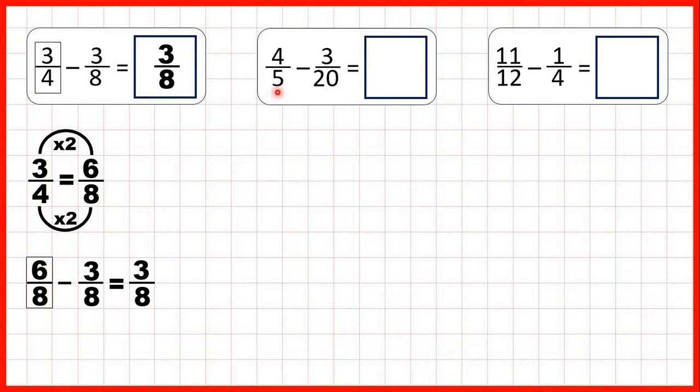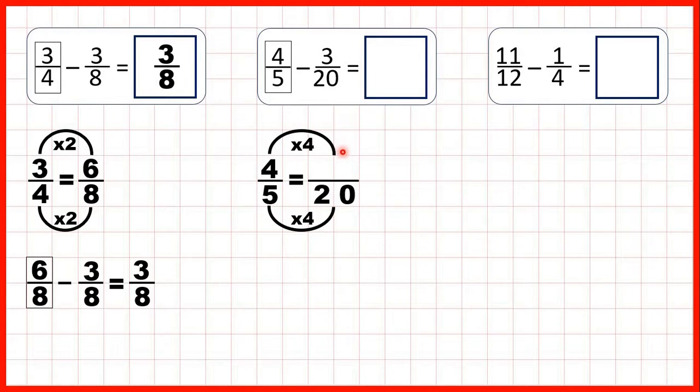Now we have 4/5, and we need to subtract 3/20. Again, we've got fractions with different denominators. But 20 is in the 5 times table, so we can find a fraction equivalent to 4/5, which has a denominator of 20. 5 times 4 is 20, and what we do to the denominator, we do to the numerator as well. 4 times 4 is 16, so we know that 4/5 is equivalent, or has the same value as, 16/20.